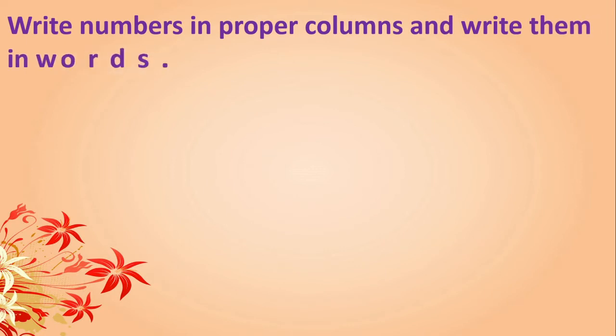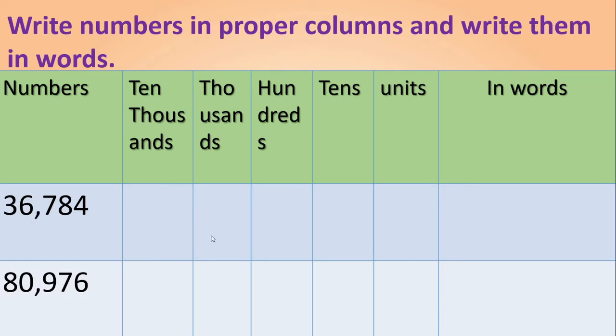Now dear children, write numbers in proper columns and write them in words. Here we will draw a table and we have numbers. You know this is the units place, tens, hundreds, thousands and 10,000s place, right? We will write the given number in proper columns.